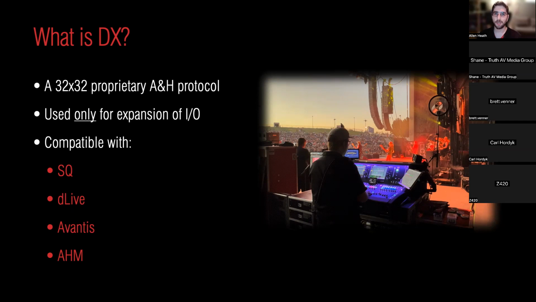So if you see a DX port on a stage box or on your console, that can't be used for a digital split. You can't connect an SQ to the DX port of a DLive. That would not work. So just remember that when you see a DX port, that's only for DX stage boxes and nothing else. And DX is compatible with SQ, DLive, Avantis, and AHM series mixers.